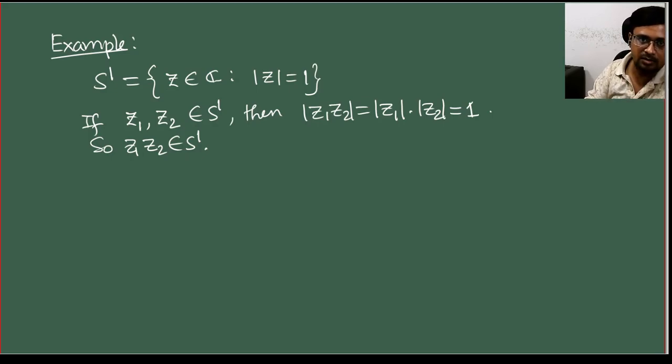Now clearly this operation is associative, namely z1 times (z2 z3) is equal to (z1 z2) times z3.